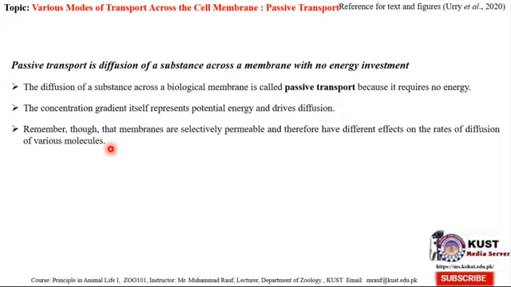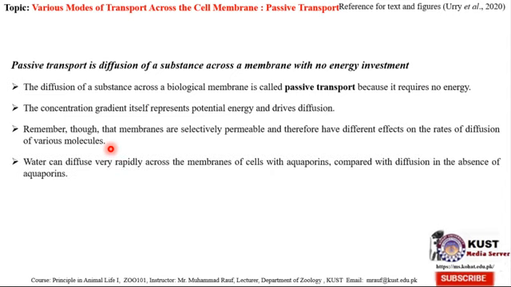If the plasma membrane is permeable, then the rate of diffusion will be higher. If the plasma membrane is not permeable or less permeable, then the rate of diffusion of that molecule will be slower. So water can diffuse very rapidly across the membrane of cells with aquaporins. These are the channels through which the water molecules enter into the cells.